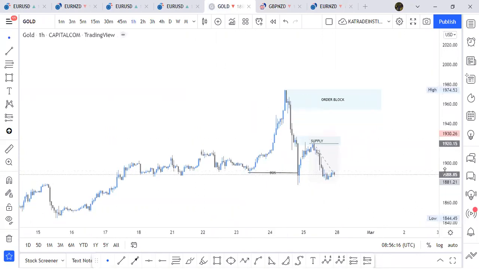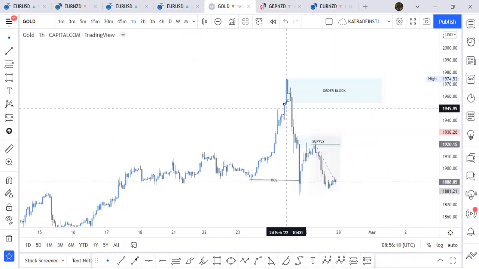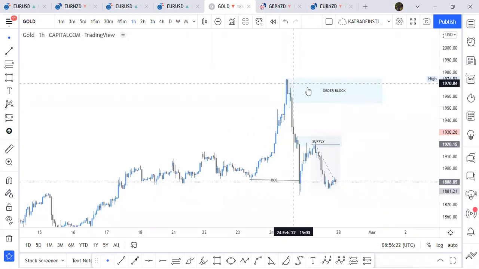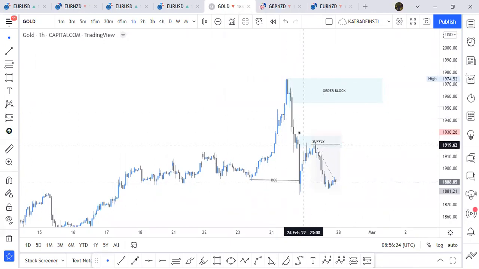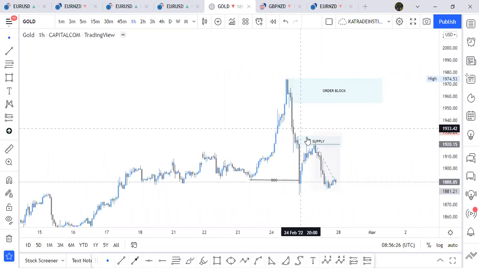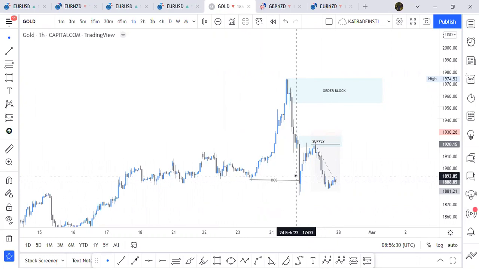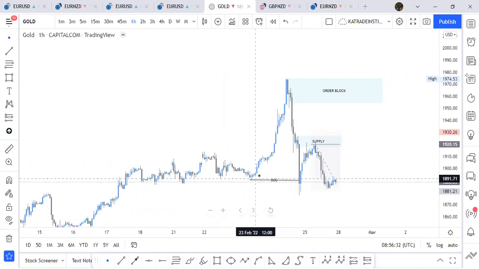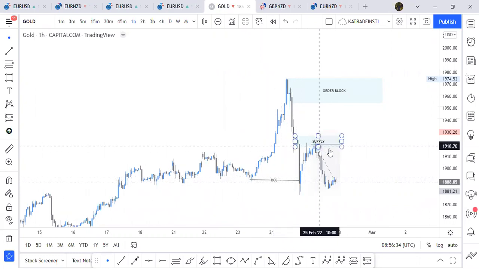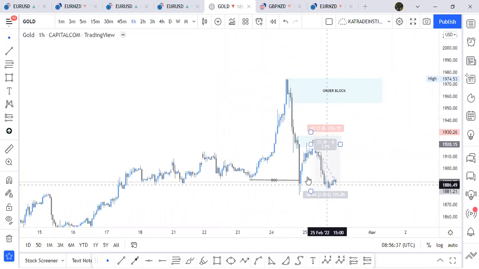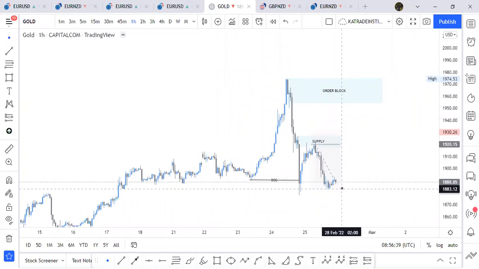Come to here. Look at here. This is a typical example. You could see that this is an order block. We got another block here, but look at here. There's a manipulation here, after the break, before the breakout. Price went there and it starts falling.